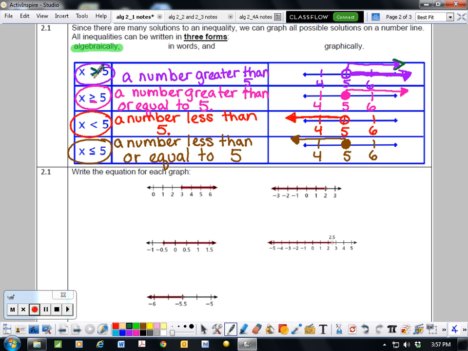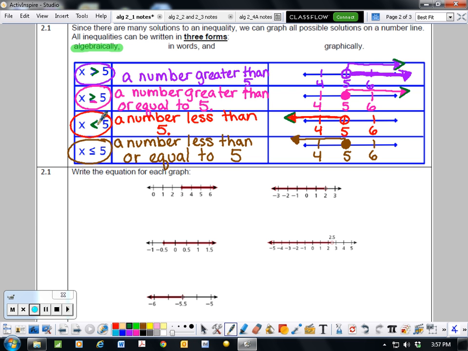In our second example, our arrow on the graph is to the right, and our inequality symbol is pointing to the right. In our third example, the arrow is pointing to the left, and so is our inequality symbol. A lot of people use the inequality symbol as a shortcut to figure out which direction the arrow goes, so they don't really have to think, is it less than, is it greater than?